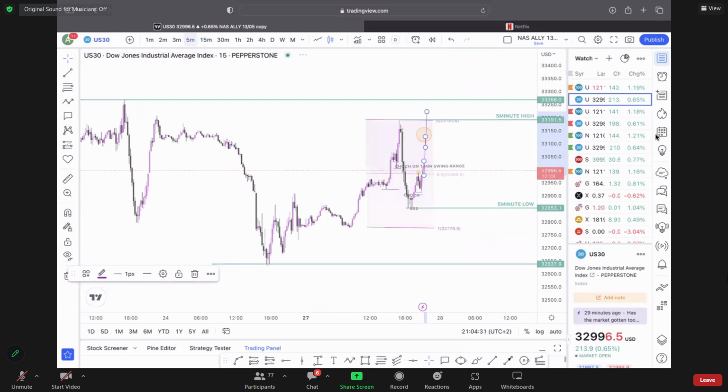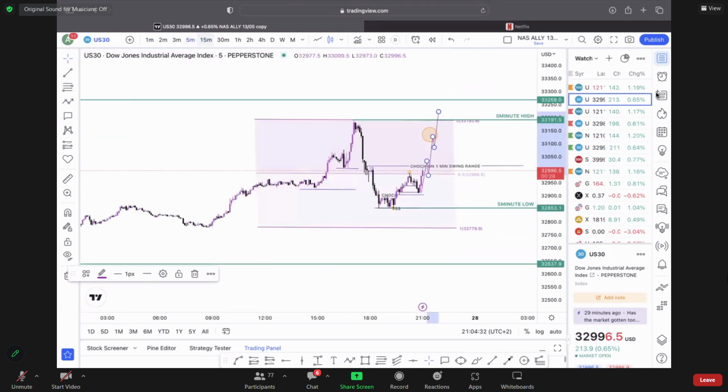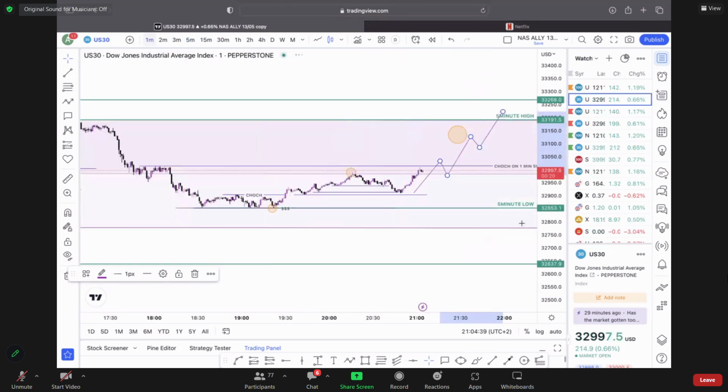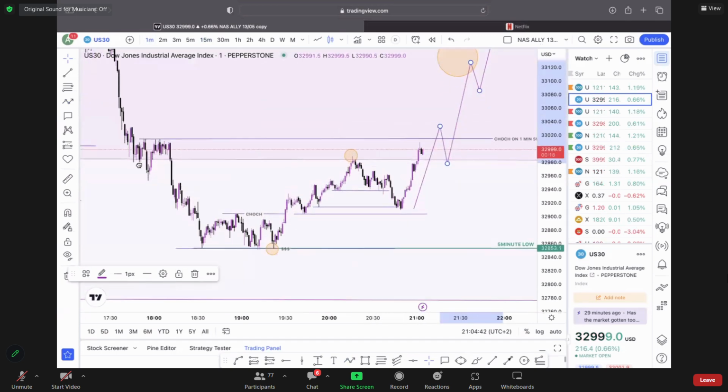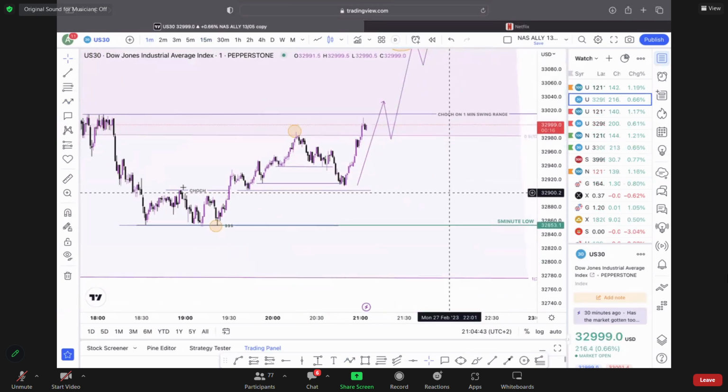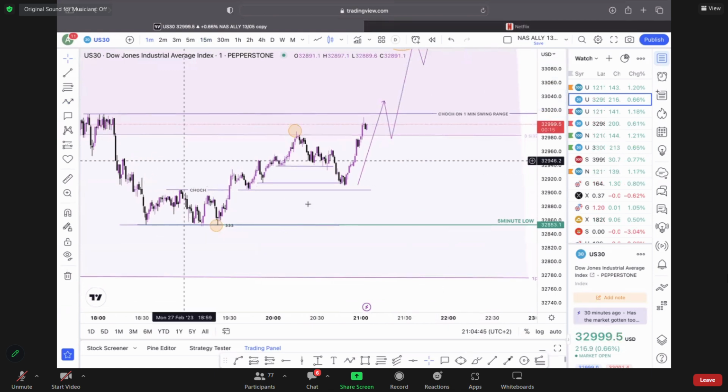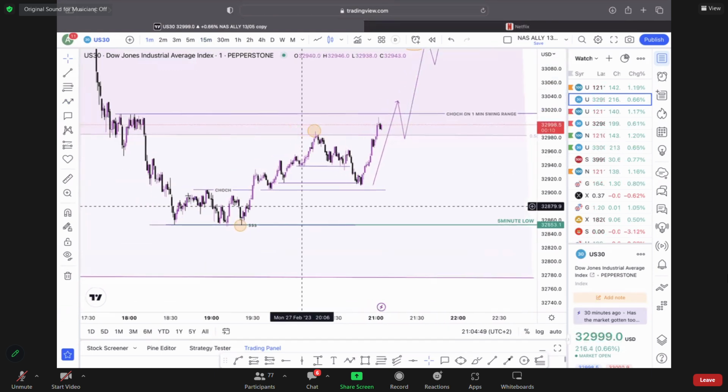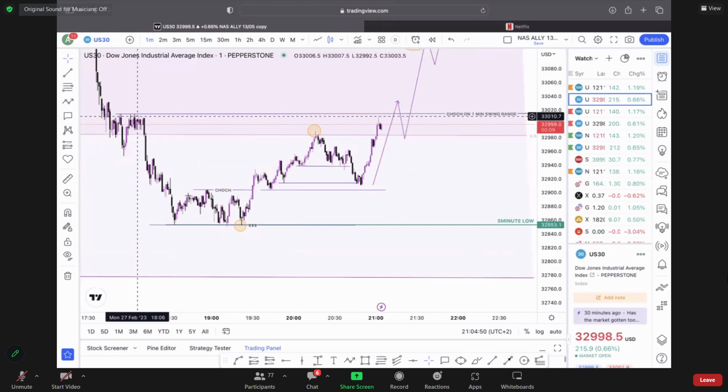Yes. Okay. If you go down to your 1 minute quickly. To my 1 minute, sure. Yeah. So you see where you say chalk on the 1 minute swing structure? Yes. So that's the highest point that your market went before taking out the previous lows. So that's the swing high then.